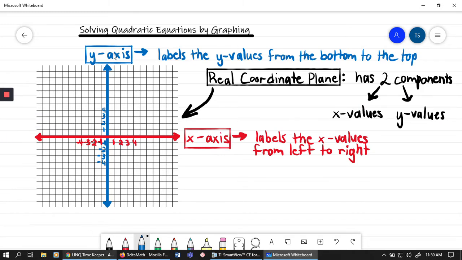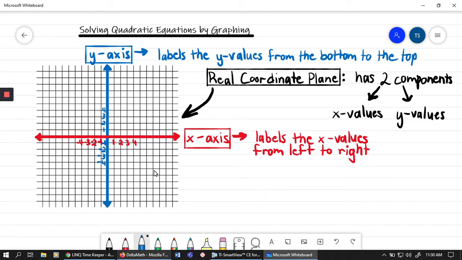As you can see, we've got the y-axis here color-coded in blue, and it is the axis that labels the y values from the bottom to the top. The negative y values are at the bottom, and the positive y values are at the top.